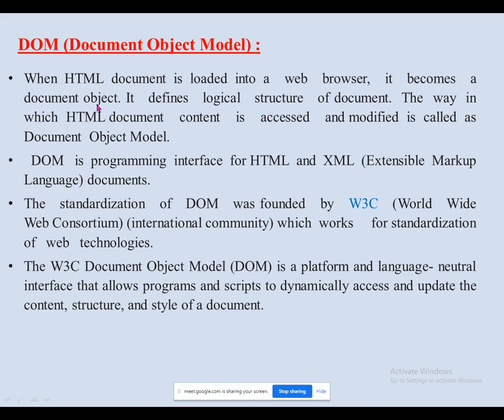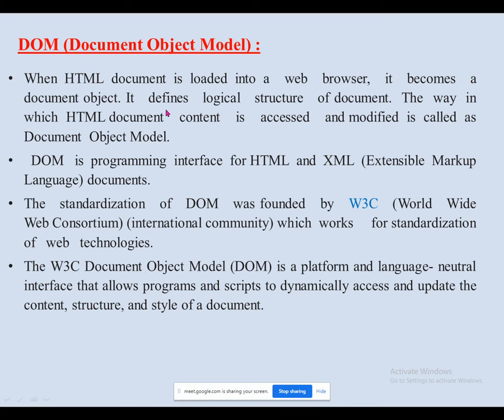That means whenever you are opening any web page on the browser, whatever you want to declare or whatever you define, whatever format you have done, all that is managed with the help of the document object. It defines the logical structure of the document.